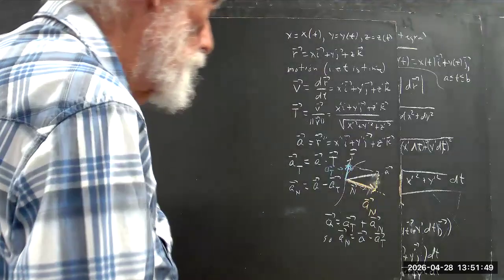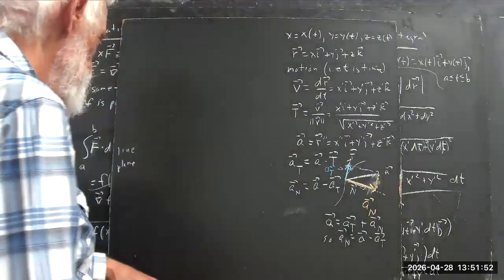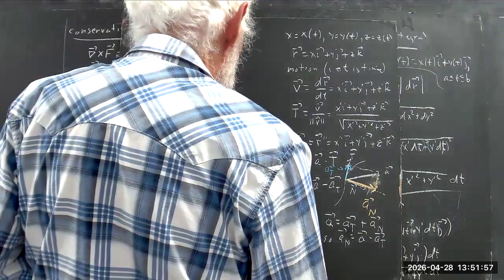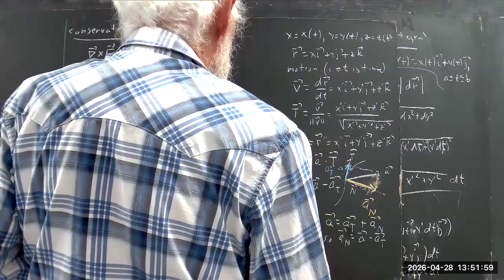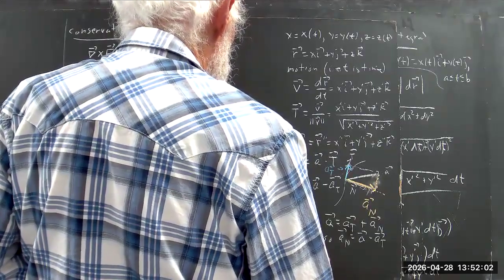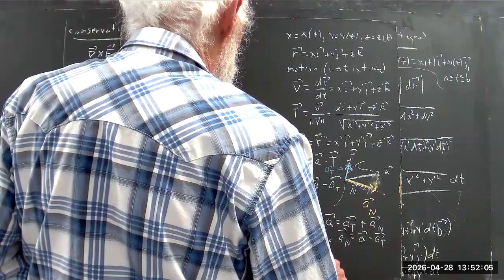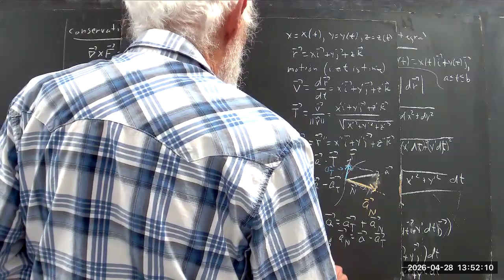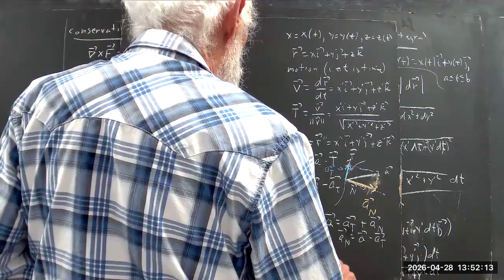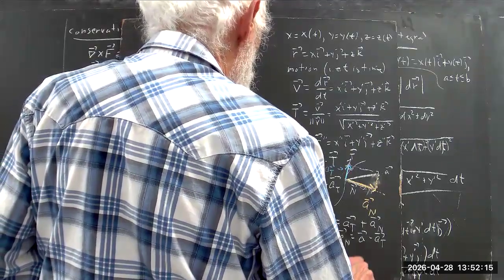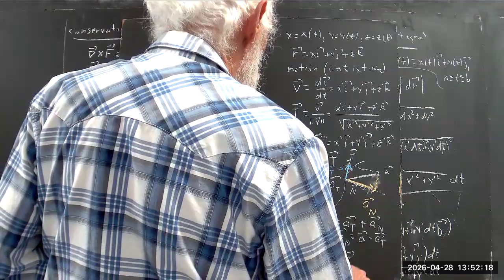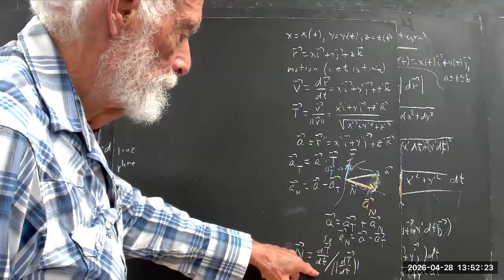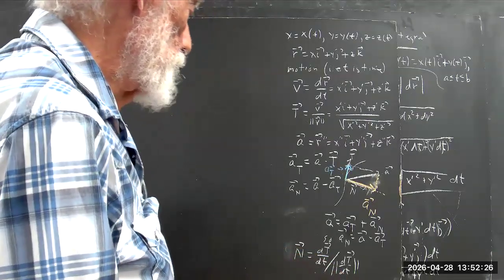Now your book gives you a formula to calculate A sub n, and there's nothing wrong with that. Another way to get A sub n, well, it's just the derivative of your unit tangent vector divided by the magnitude of that derivative.